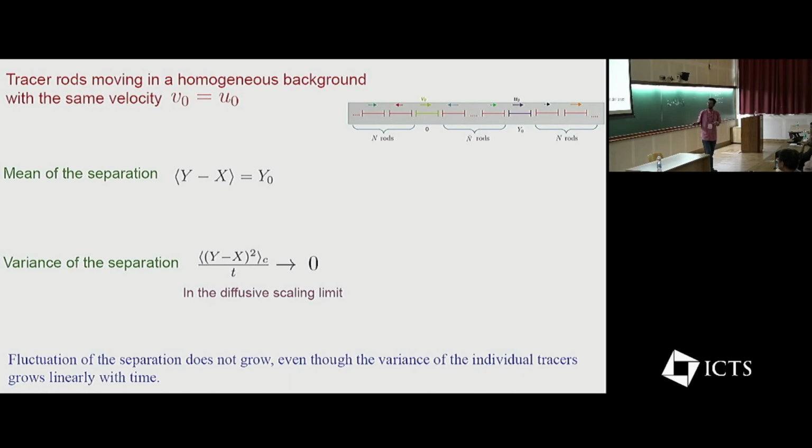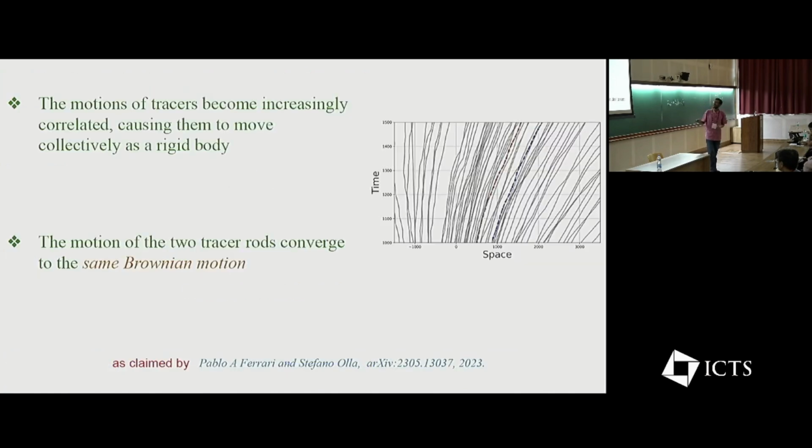So it means that the fluctuation of the separation does not grow, even though the variance of the individual tracer rod grows linearly with time. The motion of the tracers becomes increasingly correlated, and they move collectively like a rigid body, with a fixed separation. This is also similar to what Ferrari and Ola claimed using the hydrodynamics approach in their paper.